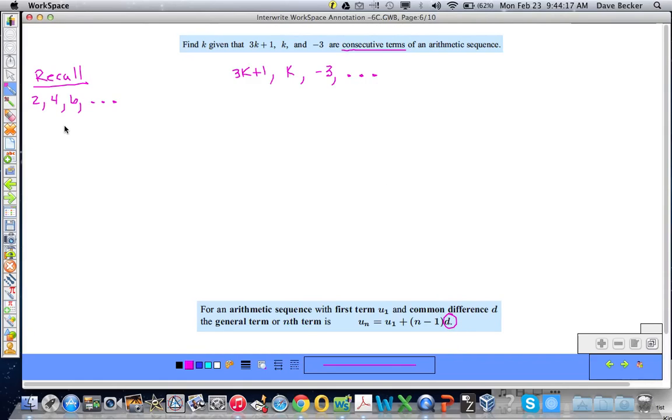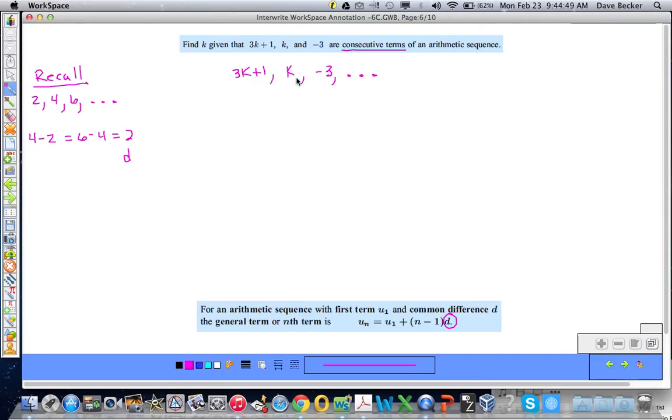And we prove it's arithmetic with the information that we have. We assume the pattern continues, and then the only thing we can do is take a term minus the previous term. So 4 minus 2 must be equal to the next term minus the previous term, 6 minus 4, and it's true because it equals 2, which is our common difference d.